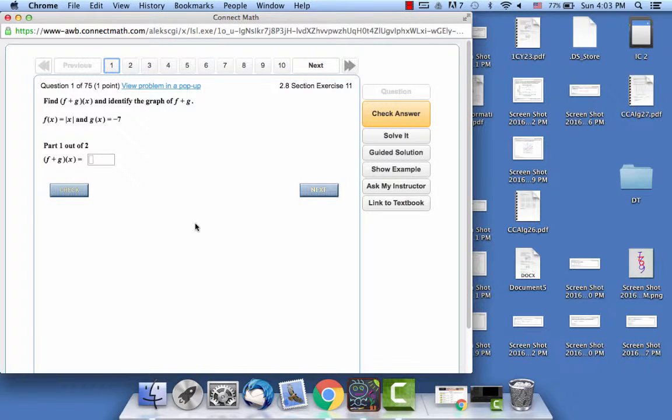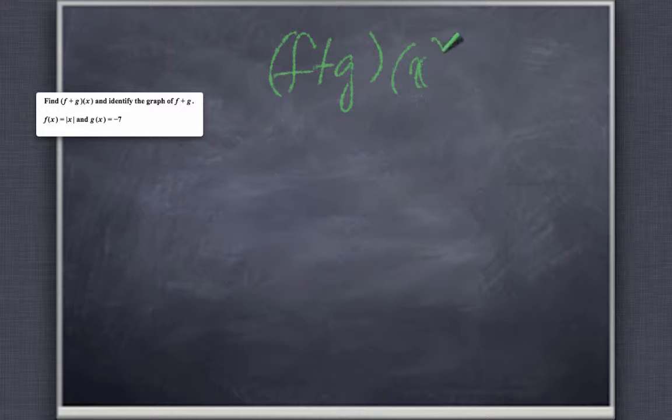So I'm going to look first at number 1, so f plus g. Whenever you see, instead of composition, plus, minus, times, divide, the rules are f plus g of x is f of x plus g of x.